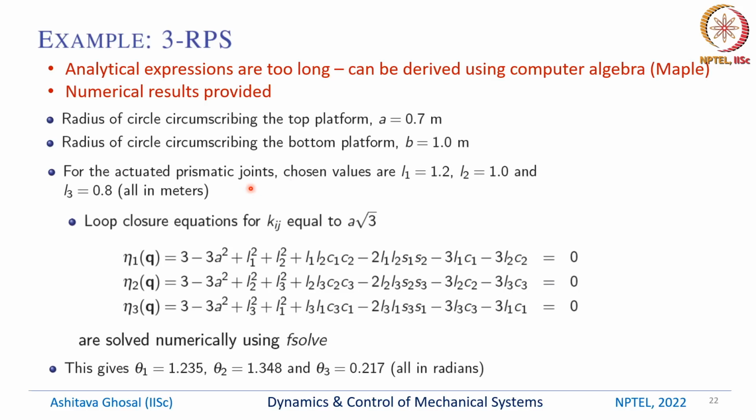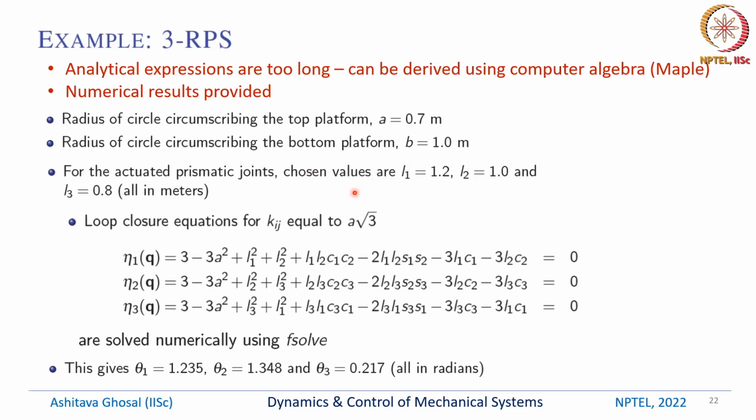So there are 3 actuated joints, and these were chosen to be the sliders, P1 prismatic joints. So we will assume that the sliding at the prismatic joints are denoted by L1, L2, L3, and they are like 1.2, 1.0, and 0.8 meters.